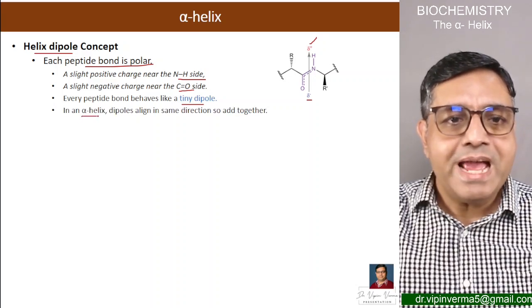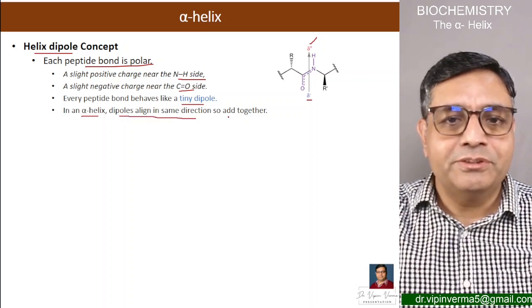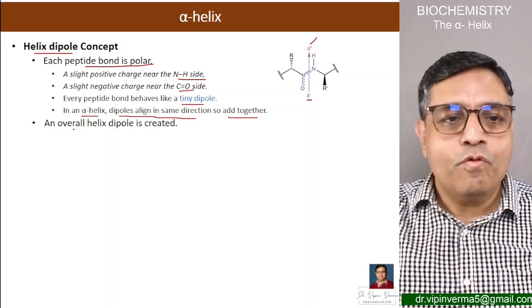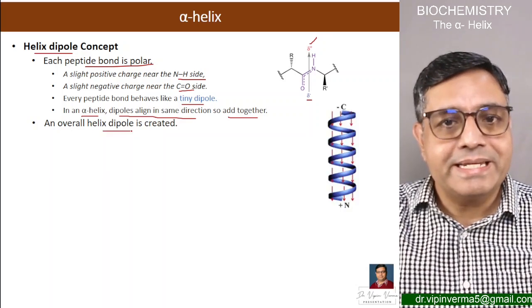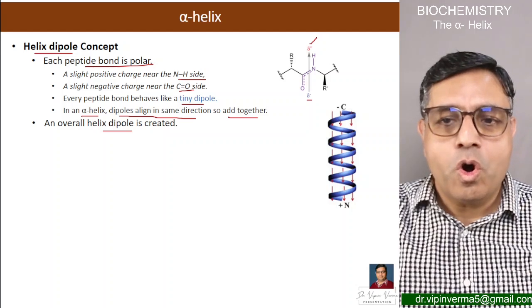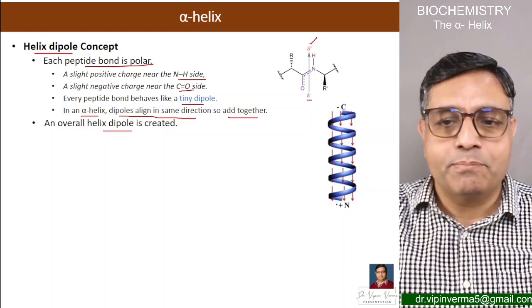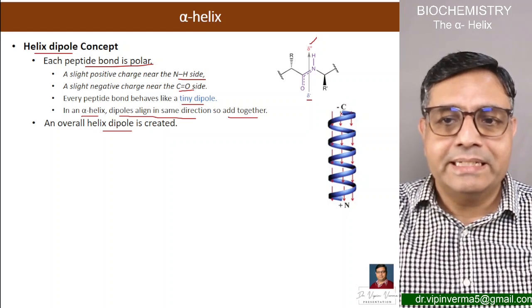Now in the alpha helix, these dipoles align in the same direction, so they add together and an overall helix dipole is created. You can see here, all are adding together. This is the negative side, this is the positive side, and there is a dipole moment.